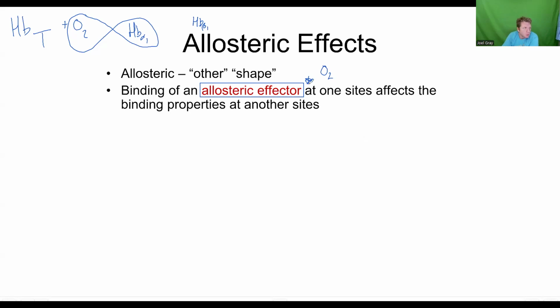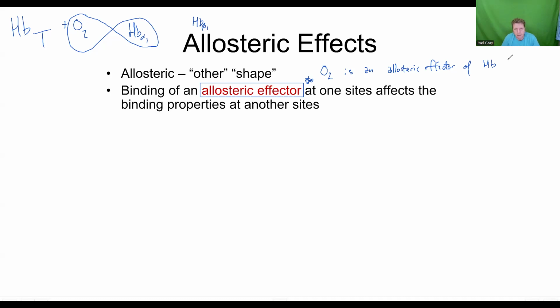So O2 is an allosteric effector of hemoglobin. That phrase right there is an important one to understand. It's also important to remember, what is O2 from the get-go?